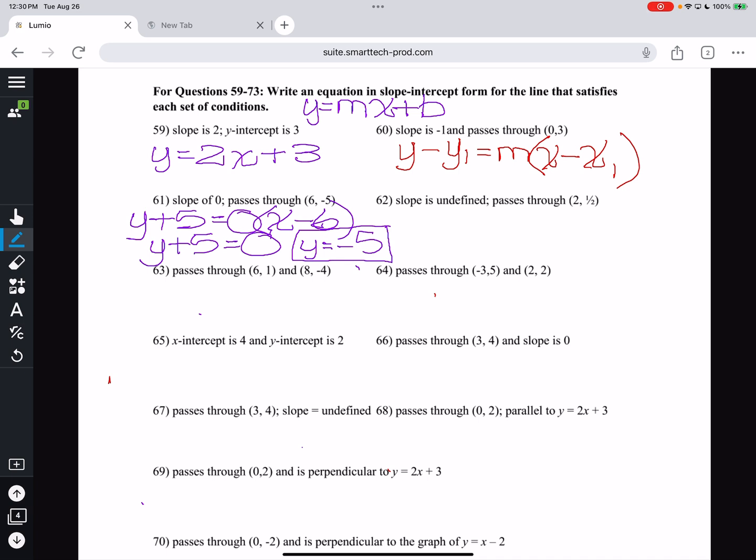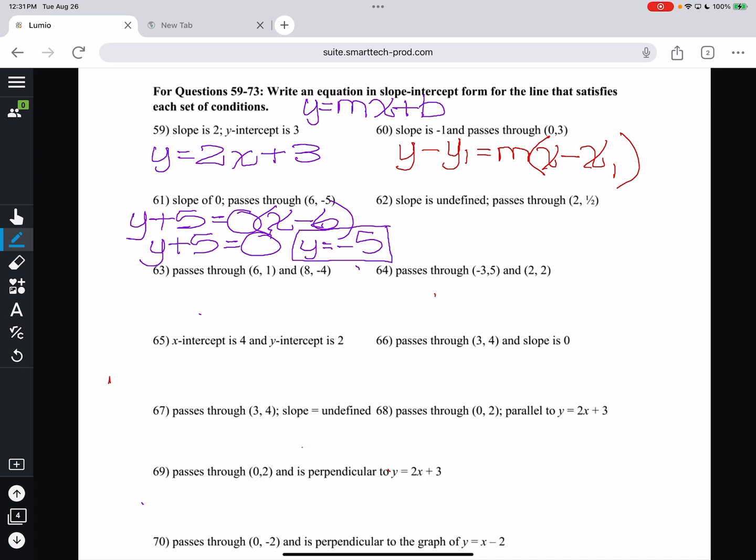So the shortcut is look to the ordered pair, find the y part of the ordered pair, and there's your answer. Because your line has to include that ordered pair, so that's telling you what the y value is. So y equals negative 5, we found that out the long way, but notice in our ordered pair, the y part is negative 5.